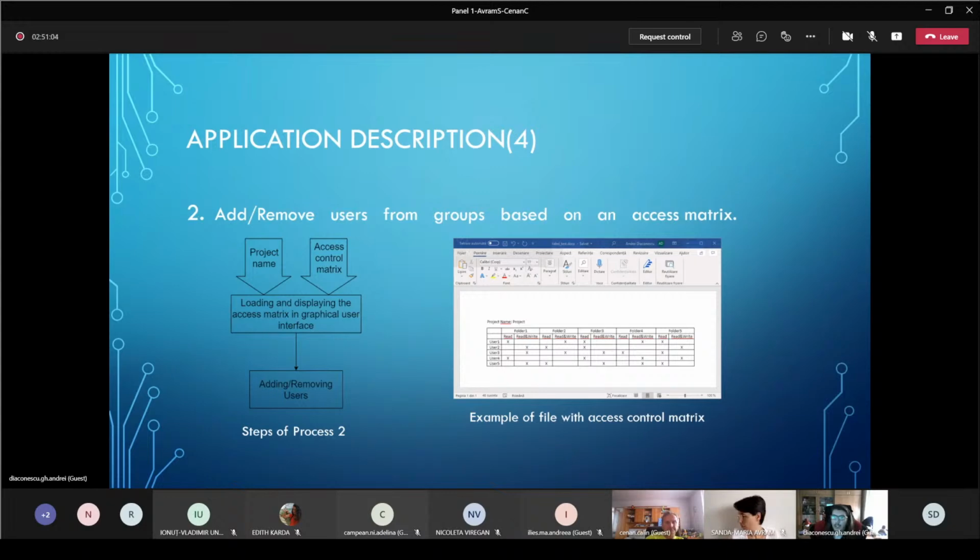Okay. Second process: add or remove users from groups based on the matrix. If you can see the steps for this process, you will need to provide the project name and an access control matrix.